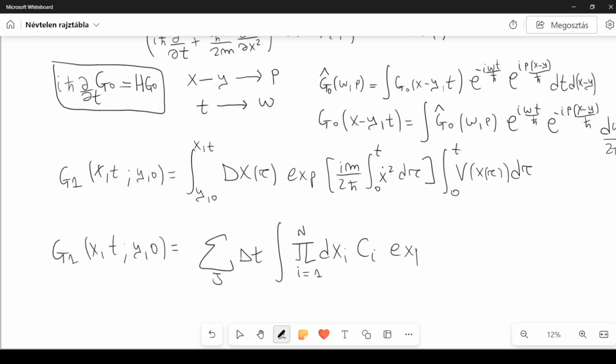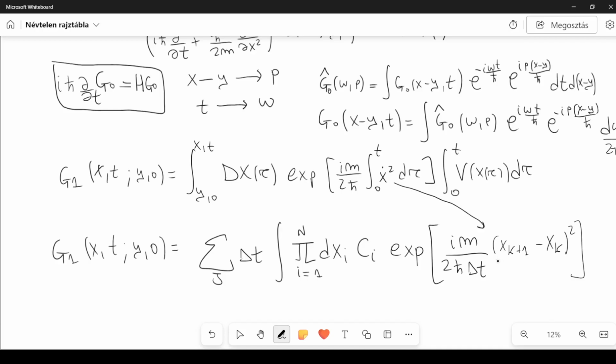Then we have the exponential of i m divided by 2 h bar delta t. Remember that when you discretize the path integral, this velocity, this x dot squared, is discretized as I explained earlier. So we get something like this: x k plus 1 minus x k squared.